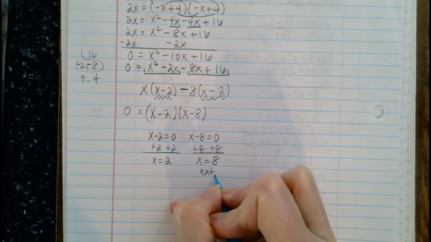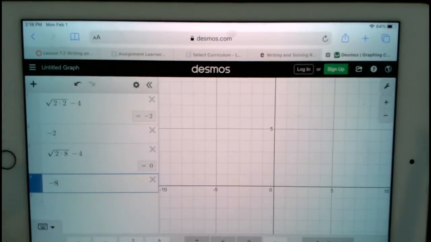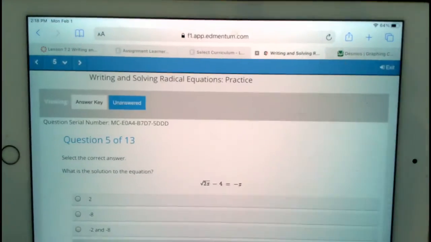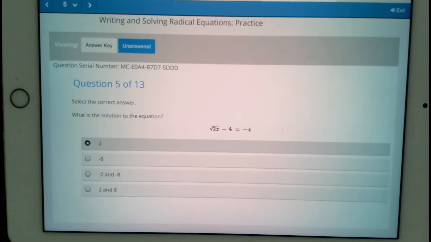I usually write EXT. And when we go back into our problem on Edmentum, what is the solution? Well, the solution to this problem is just 2. It's not 2 and 8, which was one of the options. If it's extraneous, you don't check that answer.